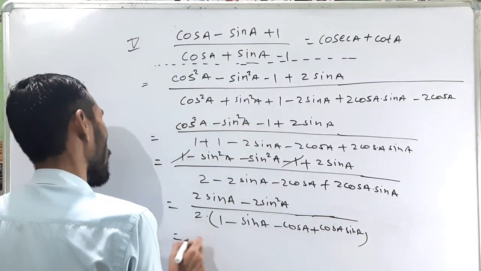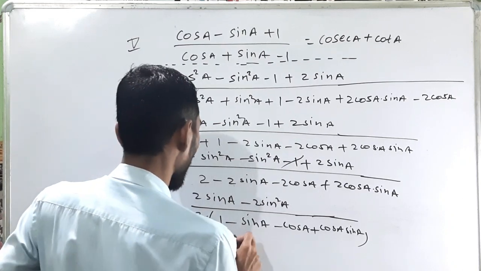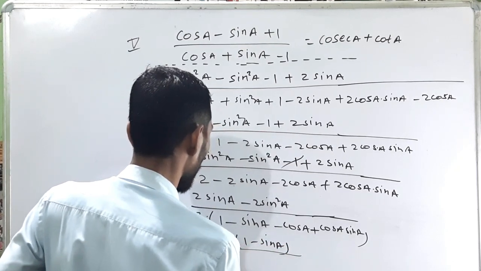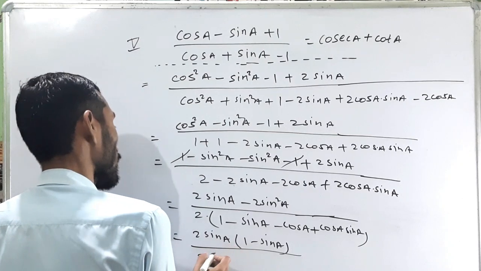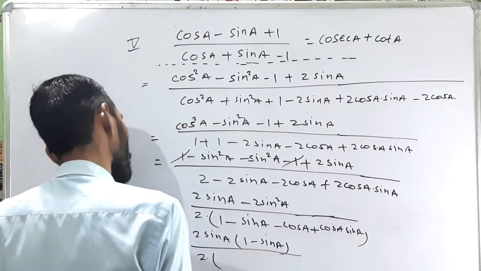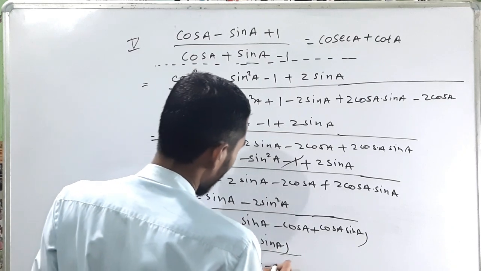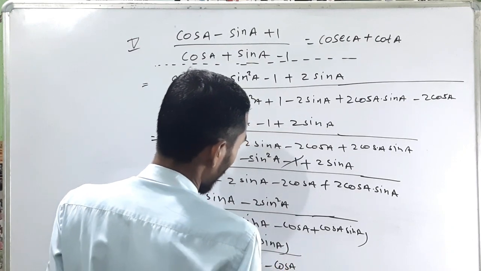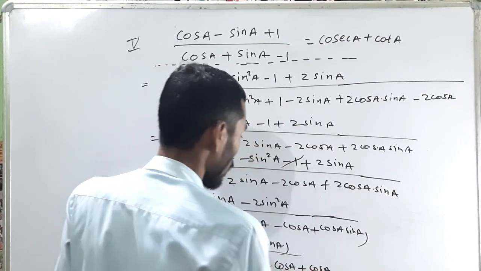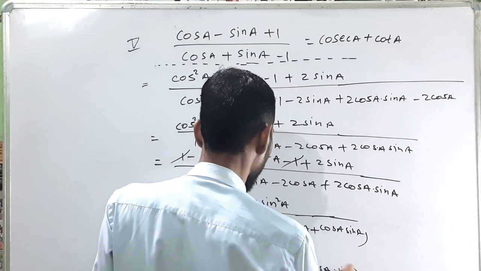After taking common, what will we get? 2 sin A, 1 minus sin A by 2, 1 minus sin A, 1 minus cos A plus cos A into sin A.